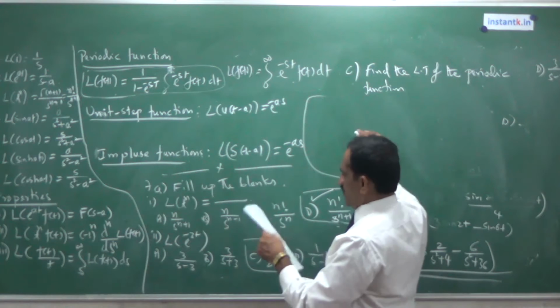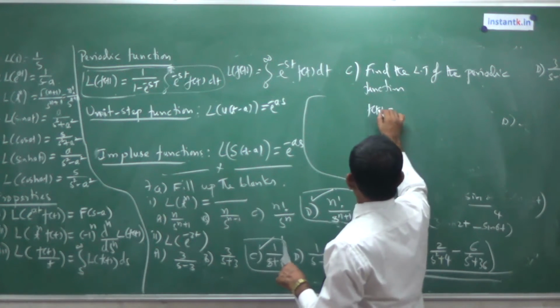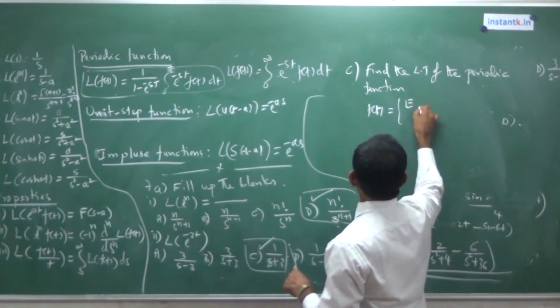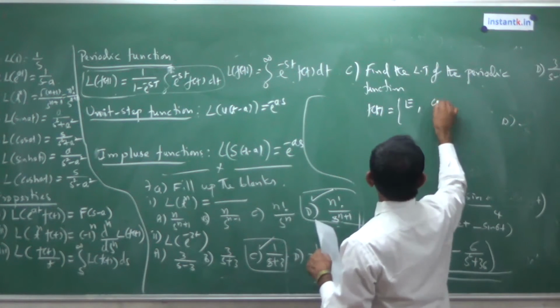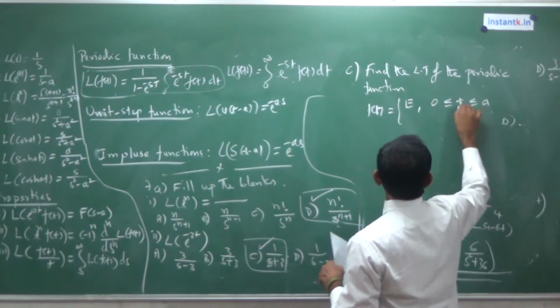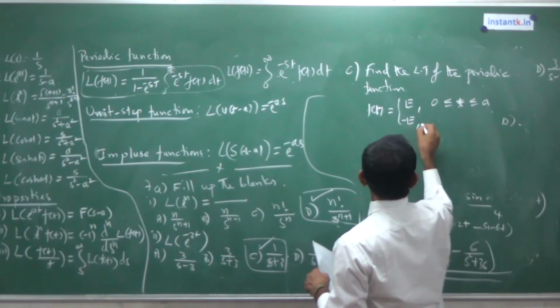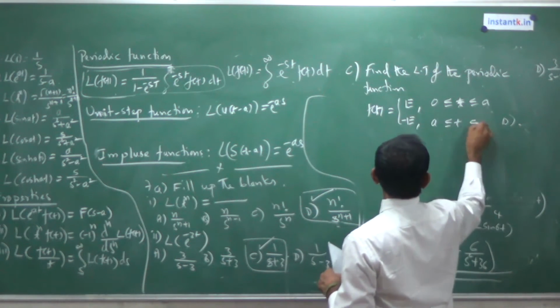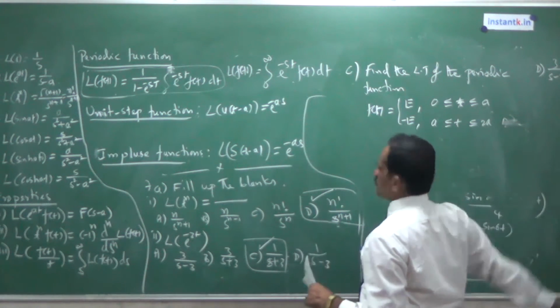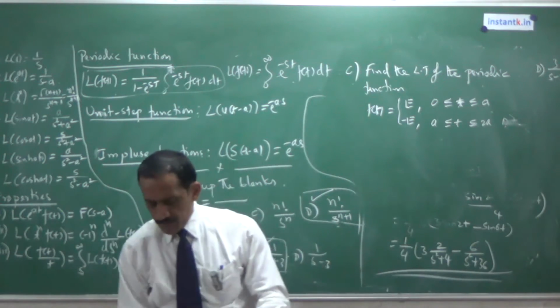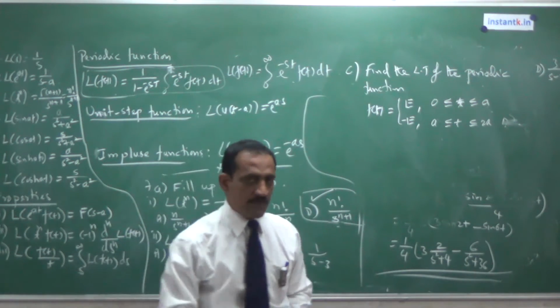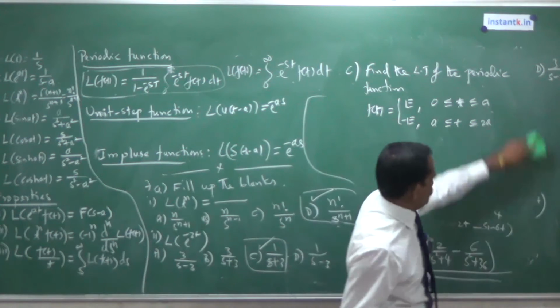The C question will be always, in almost all question papers, from periodic functions. The periodic function f(t) equals E when t is between 0 and a, and minus E when t is between a and 2a. So the second question will always be asked in almost all question papers from periodic functions.